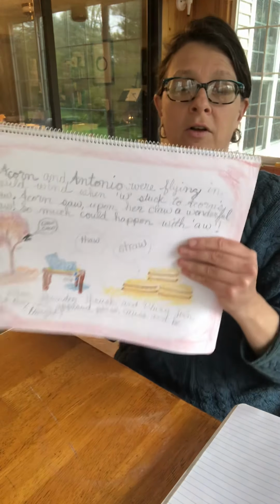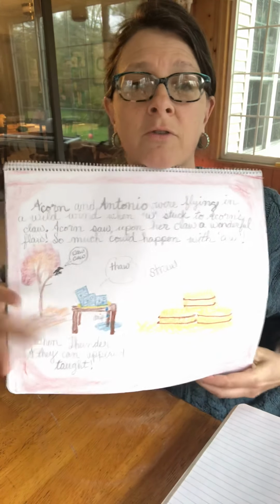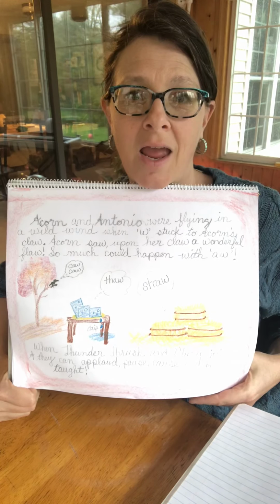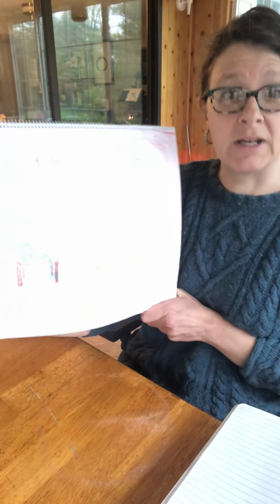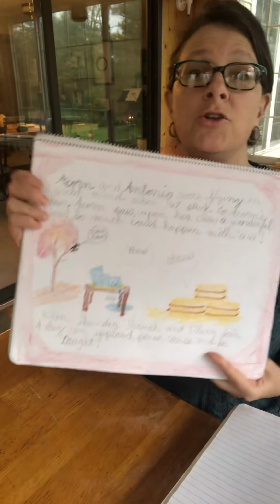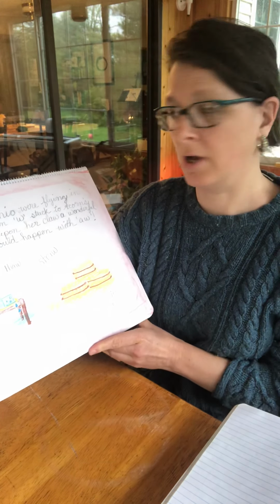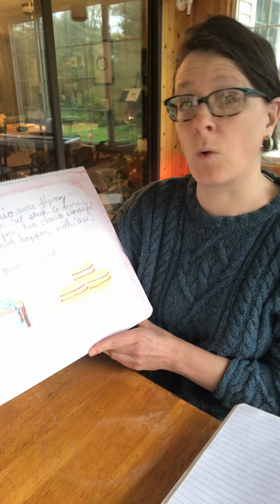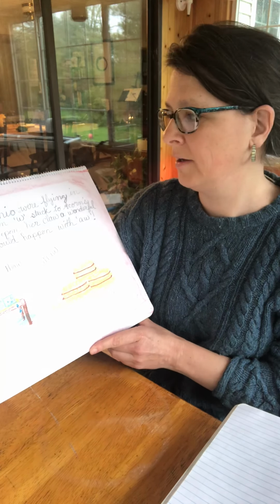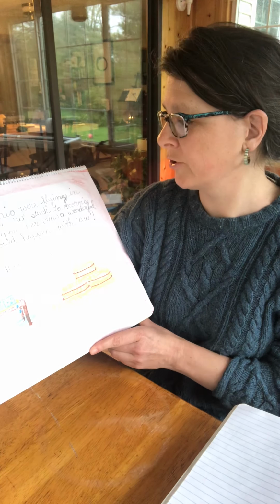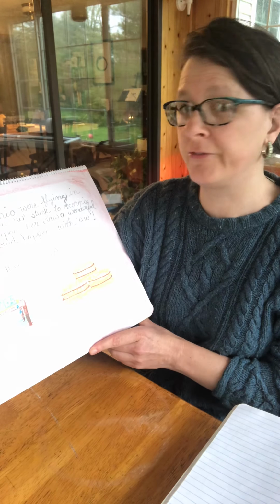Here is the page we drew for the sound that AW and AU make. I'll read it. You can read it along with me in your books when you have your book in front of you. Acorn and Antonio were flying in a wild wind when W stuck to Acorn's claw. Acorn saw upon her claw a wonderful flaw.